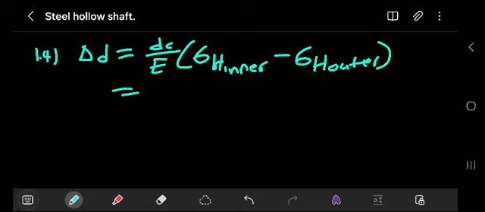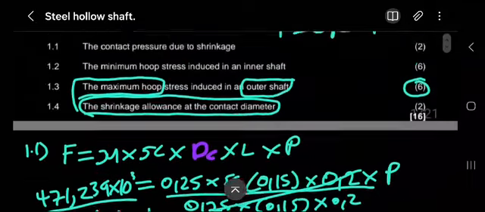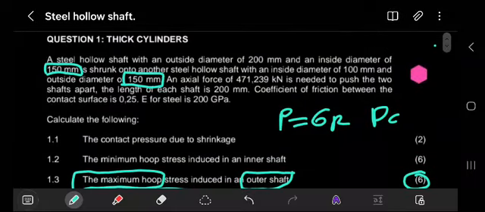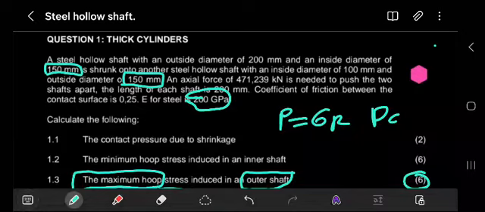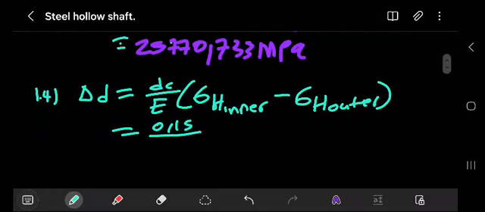So common diameter, we know that is 0.15. Young's modulus of elasticity is 200 gigapascal, 200 times 10 power of 9.